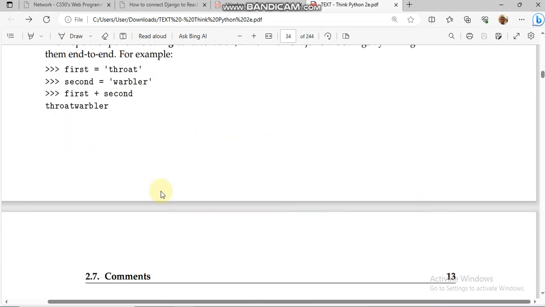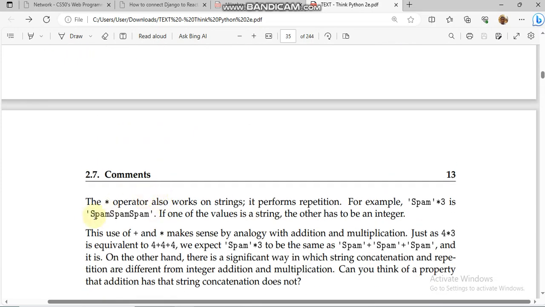Let's look at what we have when we are dealing with multiplication. The multiplication operator also works on strings. It performs repetition. That means if I want to repeat some string more than once, like I have here 'spam' multiplied by 3, it is going to bring the output 'spamspamspam' without space in between.